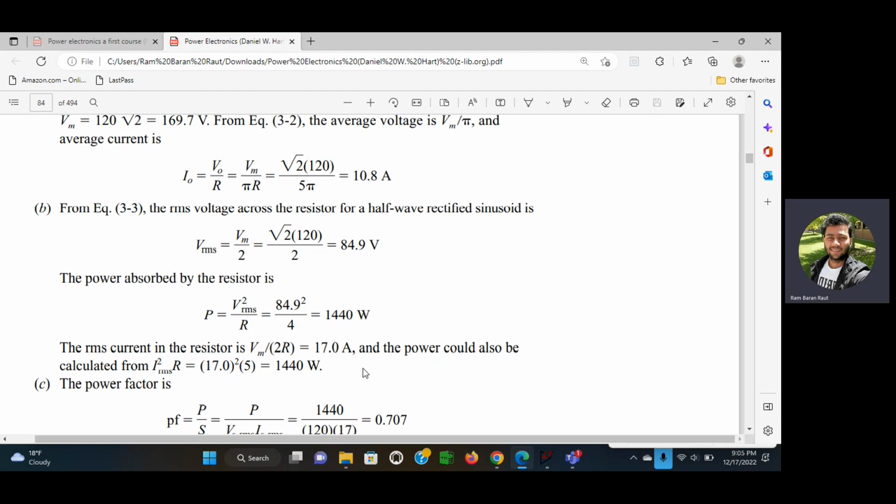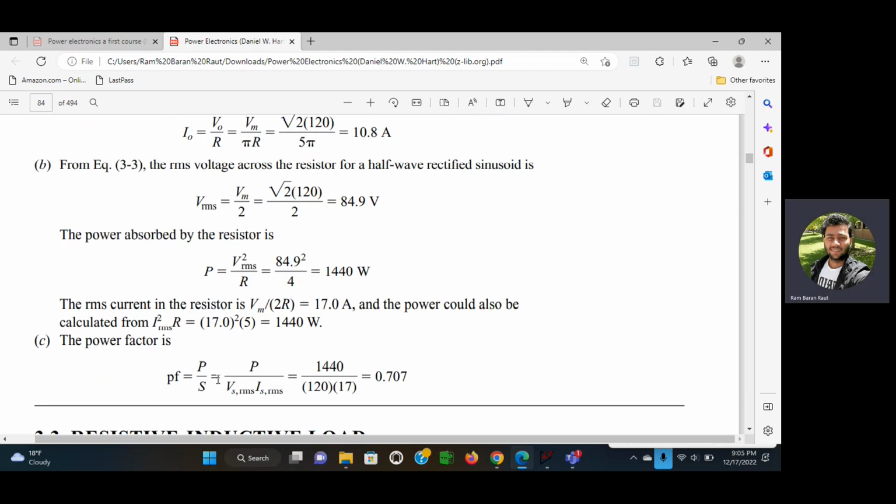So for me, I have like 1.424 kilowatts. To get the power factor, we are going to just divide P over S.